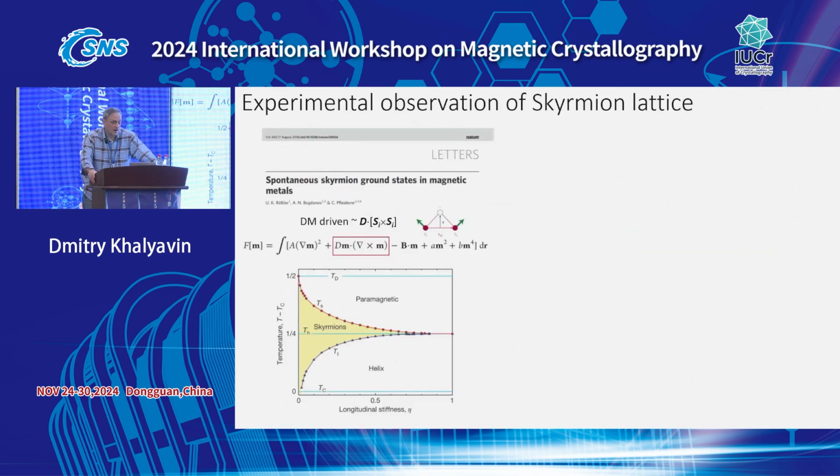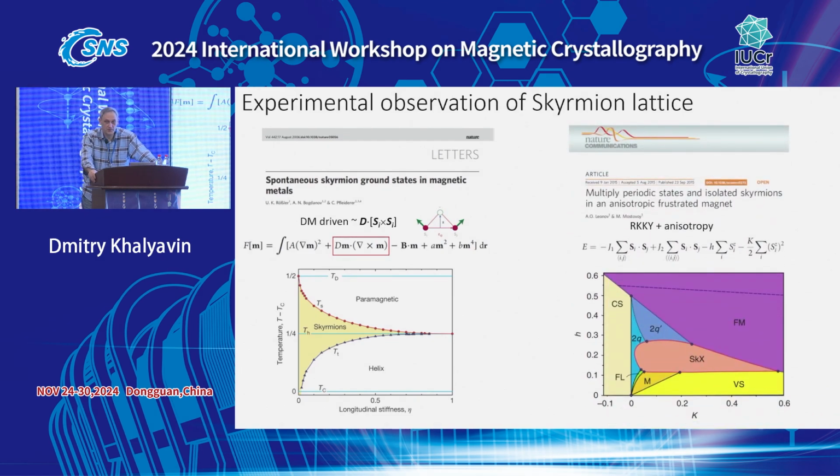And after the discovery, many experimental and theoretical works, of course, appeared. Apart from the classical mechanism that stabilizes this skyrmion phase, which is antisymmetric Dzyaloshinskii-Moriya exchange, as originally proposed by Bogdanov and Yablonsky, it has been shown that this exotic ground state can also be stable in centrosymmetric crystals.